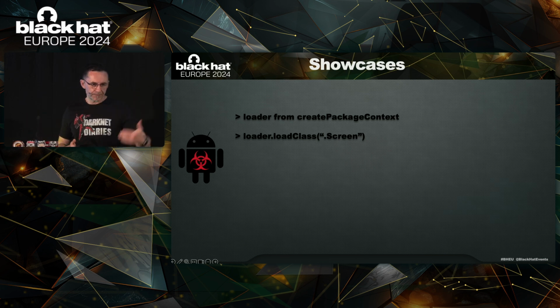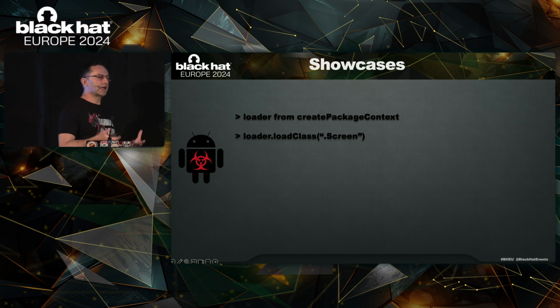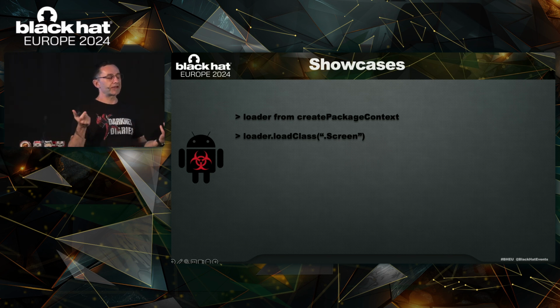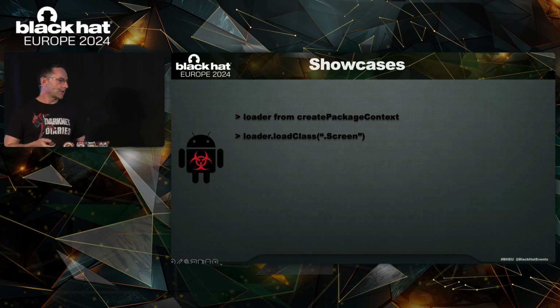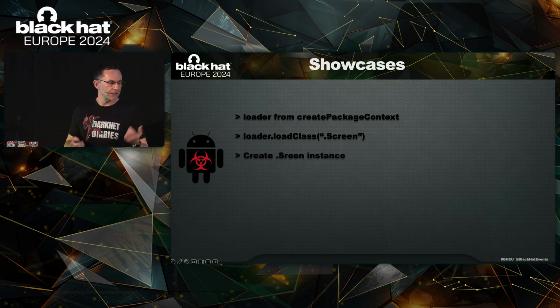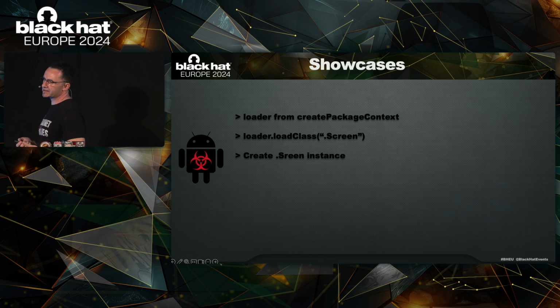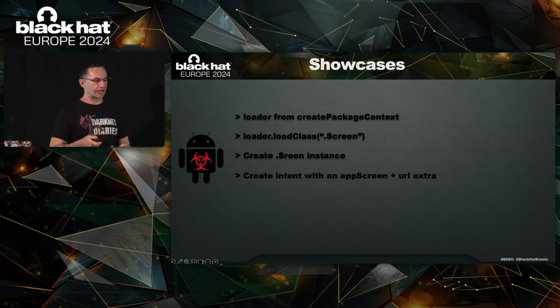Once again, the steps are pretty much the same. First of all, obtain the ClassLoader of the other app. Load the Screen class that we saw before, which is serializable in this case. Create a Screen instance. Create an intent, to which we assign the app screen and the URL extra.